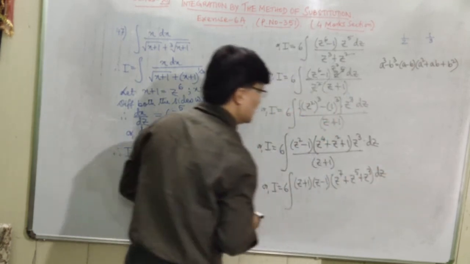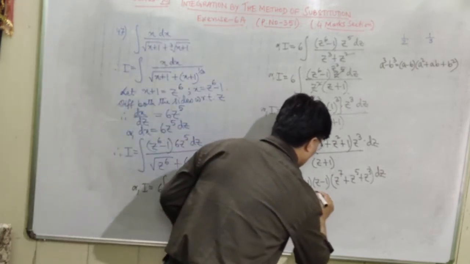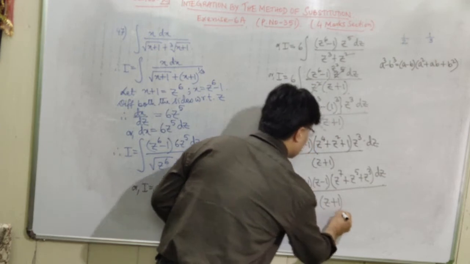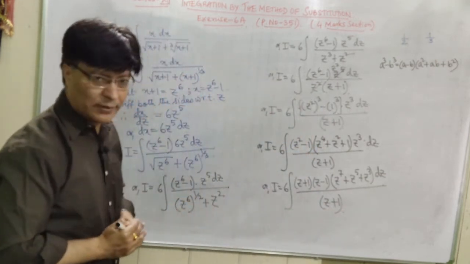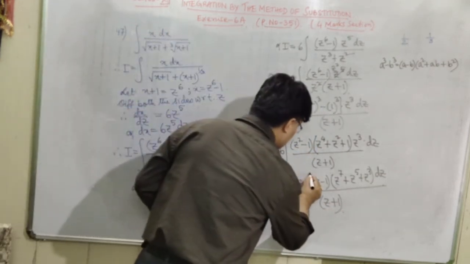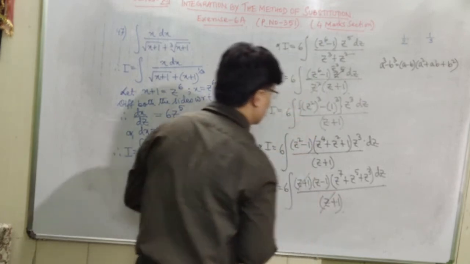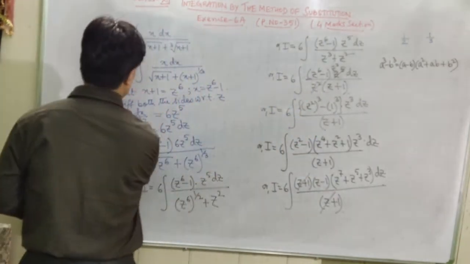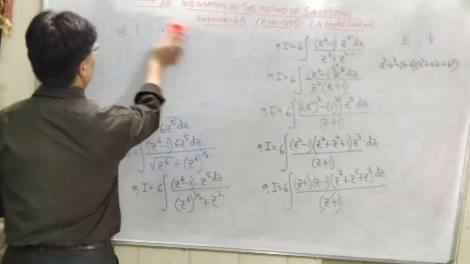Then what do we write? dz here. So this whole divided by, you can write here, this is z plus 1. So here you can cancel this, z plus 1 will be cancelled. Okay? So now you can multiply them. So now let us multiply.